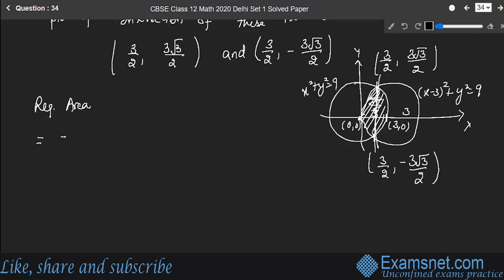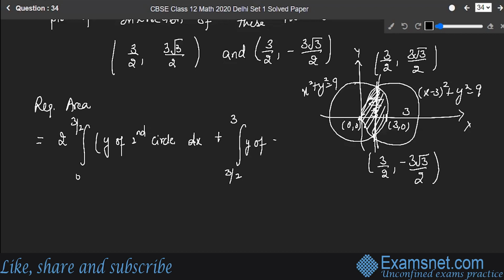So this will be twice, integral 0 to 3 by 2 of y of the second circle dx, plus from 3 by 2 to 3, y of the first circle dx. Hope you got this thing.